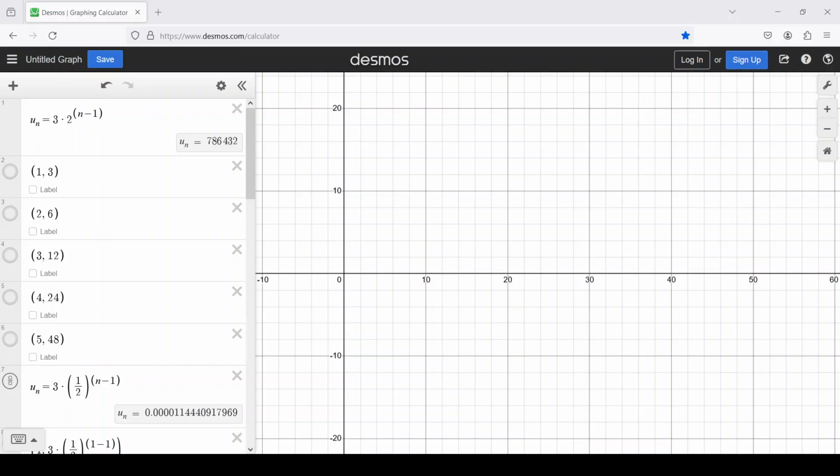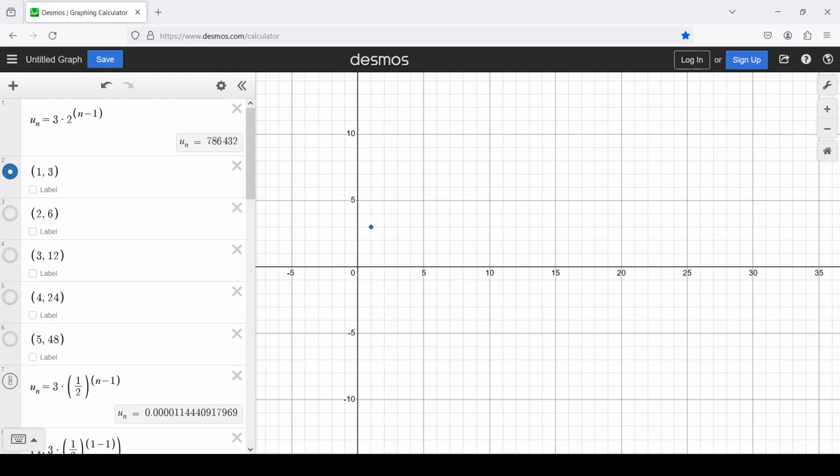Okay. So if I move over to Desmos here, and I take a look at this sequence, I can plug in a value of 1, and I get 3 times 2 to the 0 is 3. I get this point here, so my first term is 3. You can see it just like that.